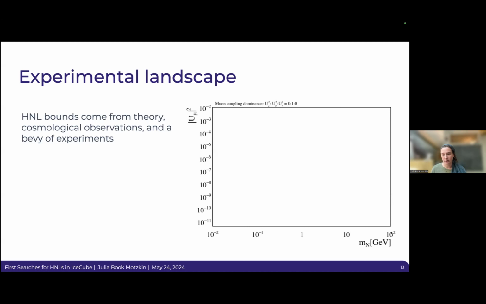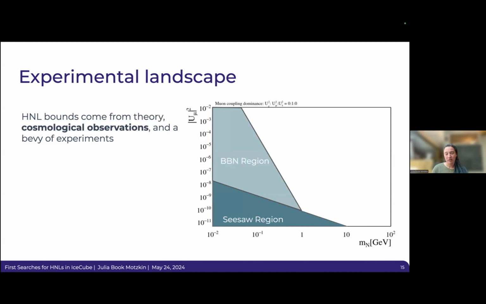On this axis, because the mass of the HNL is a free parameter, you have the theoretical HNL mass. All of the shaded regions I'm about to show you are places where the existence of an HNL has been ruled out. The first thing that we use to rule this out is just the seesaw bound. If it couples too weakly or it's too light, then this HNL can't actually solve our problem, and it becomes no longer theoretically motivated.